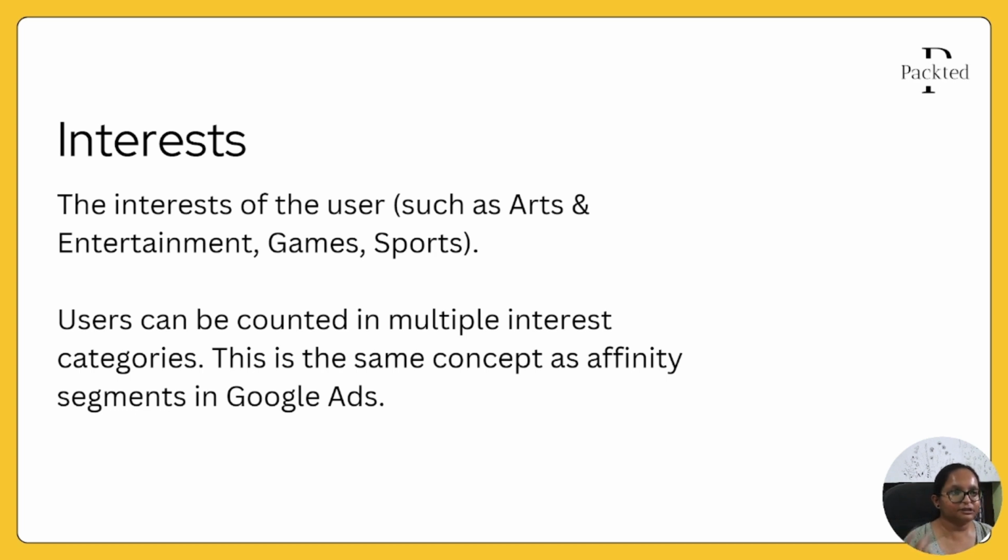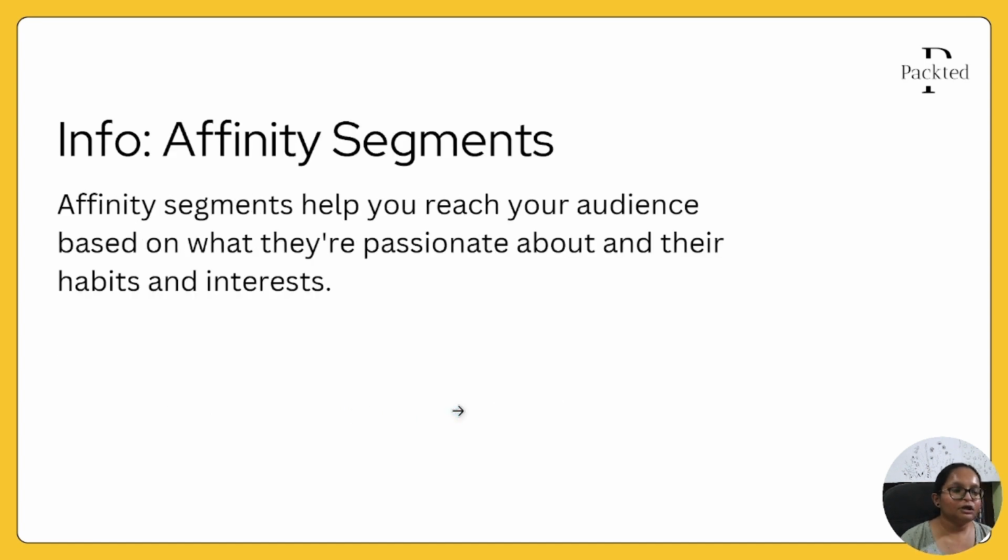It's not important that every single user will have only one interest. So a single user can be counted in multiple different categories, and this is the same concept as affinity segments in Google Ads. For those who don't know, affinity segments is something that will help you reach your audience based on what they're passionate about and their habits and their interests. So the concept is fairly similar.